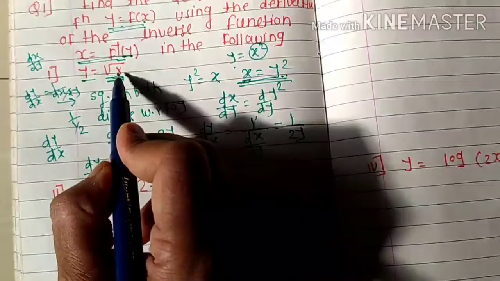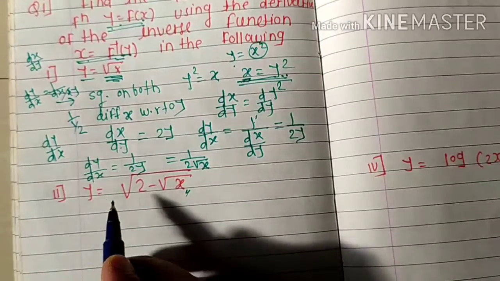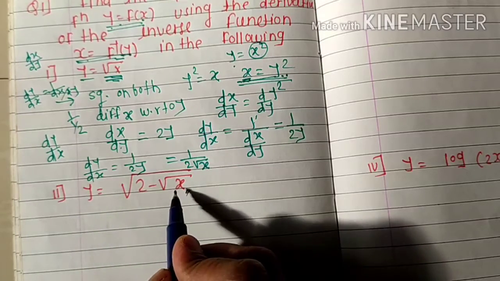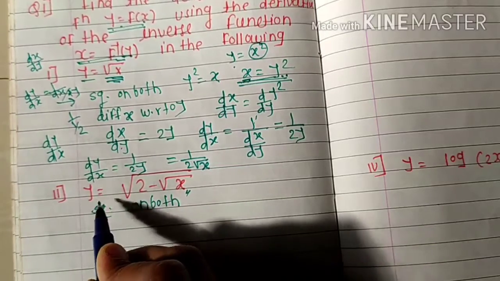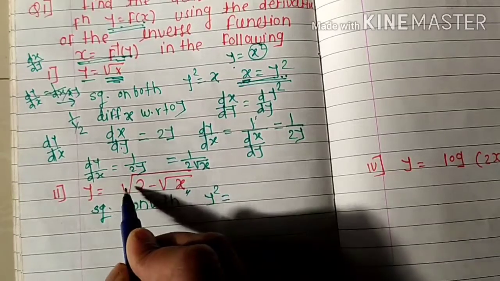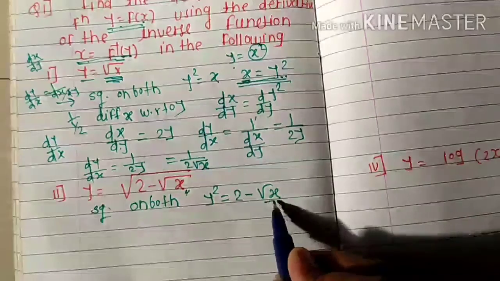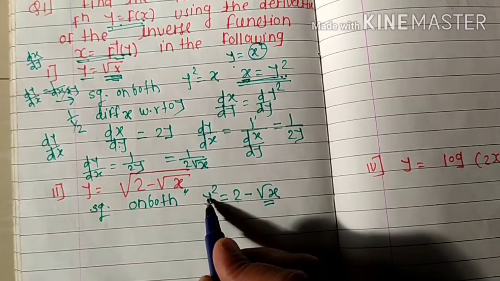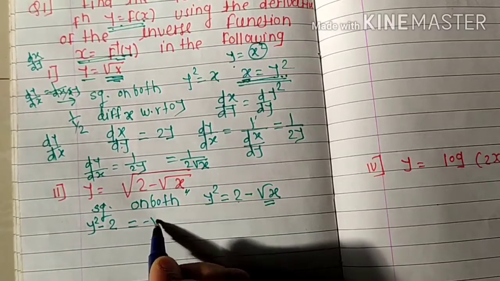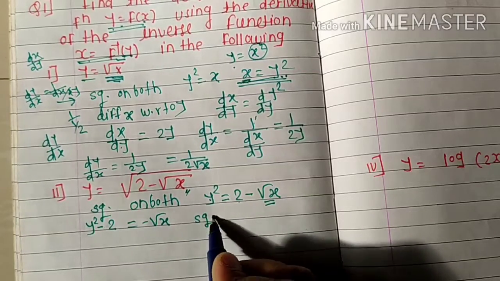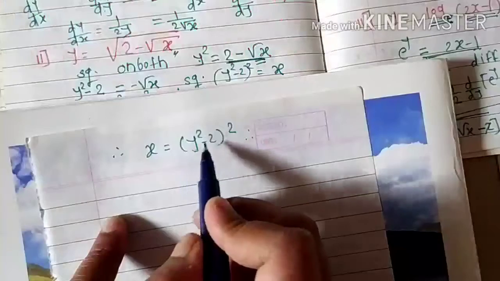There is a square root of a square root term here. In order to express x in terms of y, we first take squaring on both sides. Then y square is equal to 2 minus root x, as the first square root is removed. But there is still one square root term, so we transfer the 2 to the left hand side and get y square minus 2 is equal to minus root x, and then squaring on both sides again, we get x is equal to y square minus 2 whole square.